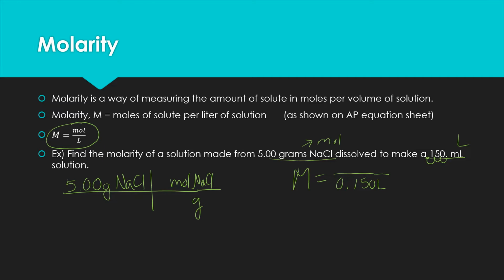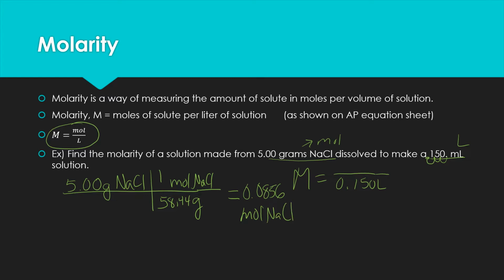Chlorine is 35.45, so we add one of each of those, and we get a mass of 58.44 grams per mole. So our number of moles is 5 divided by 58.44, and we get 0.0856 moles. We got 3 significant figures, so 0.0856 moles of sodium chloride. So that's how much we are dissolving.